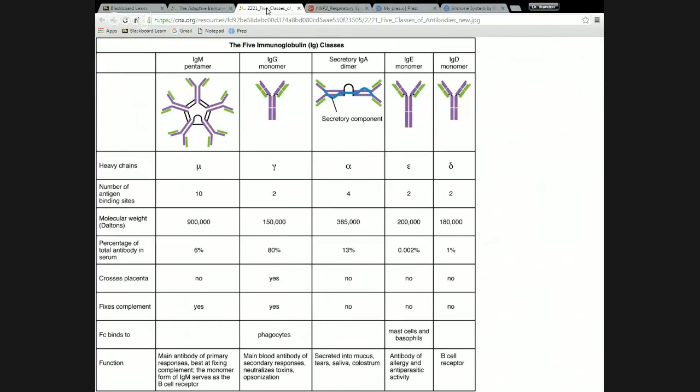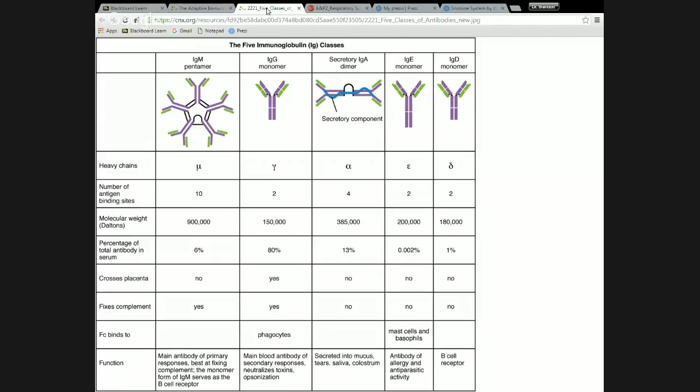IgDs are B cell receptors. So the antibodies that we saw on the surface of the naive B cell, when it got activated, and then on the surface of memory B cells are essentially these. So something about the heavy chains here at the end make it possible to insert into the cell membrane and act as a receptor on a B cell.